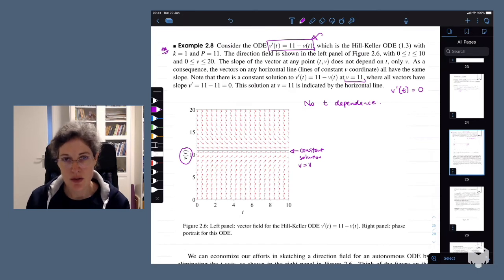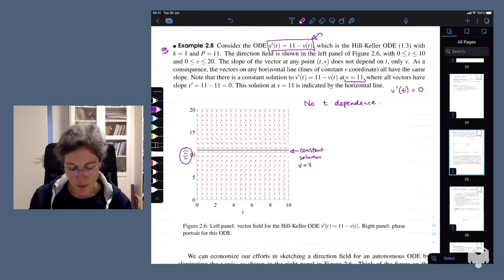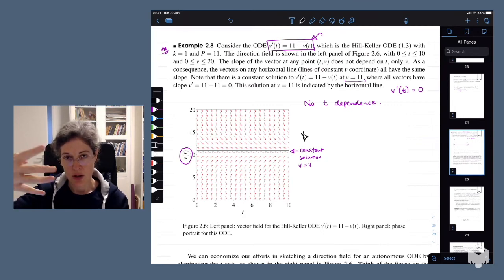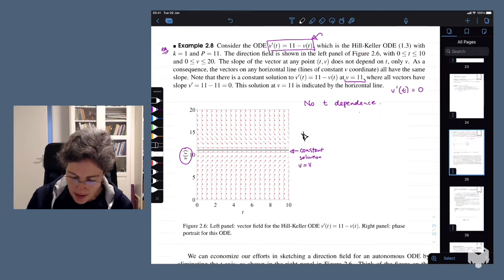And you can imagine looking at this, we're not getting a lot of information from plotting this for a whole bunch of different t's, because this is the same for every t. So what we can do is imagine that we're looking at this vector field from one side. And what would we see? Well, we'd see a line.